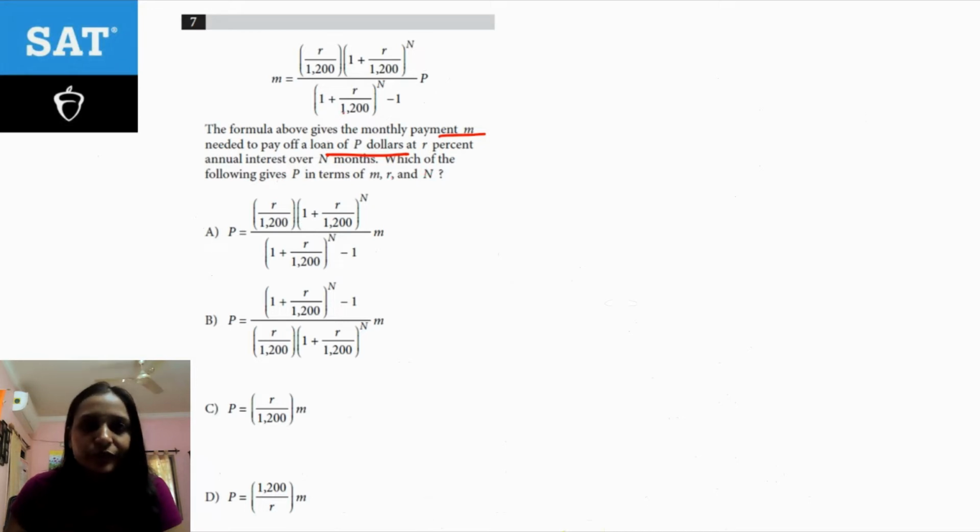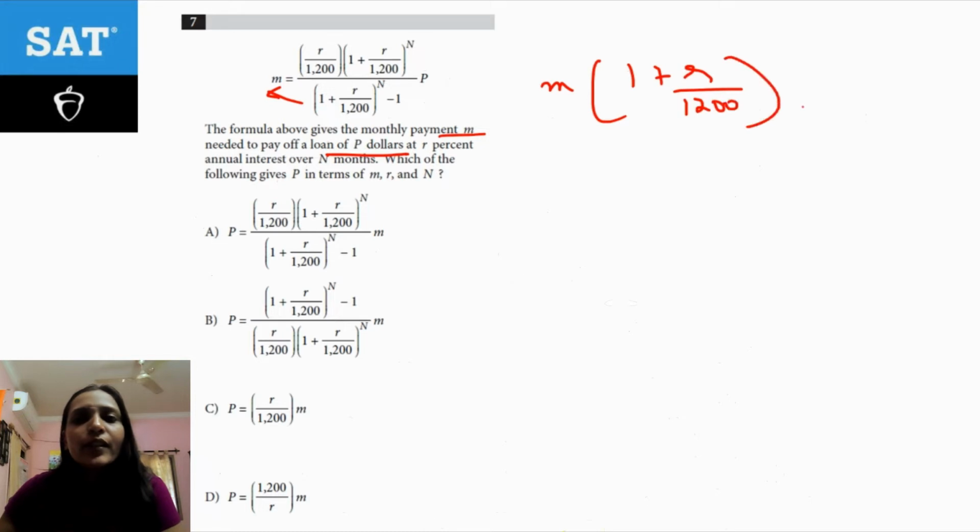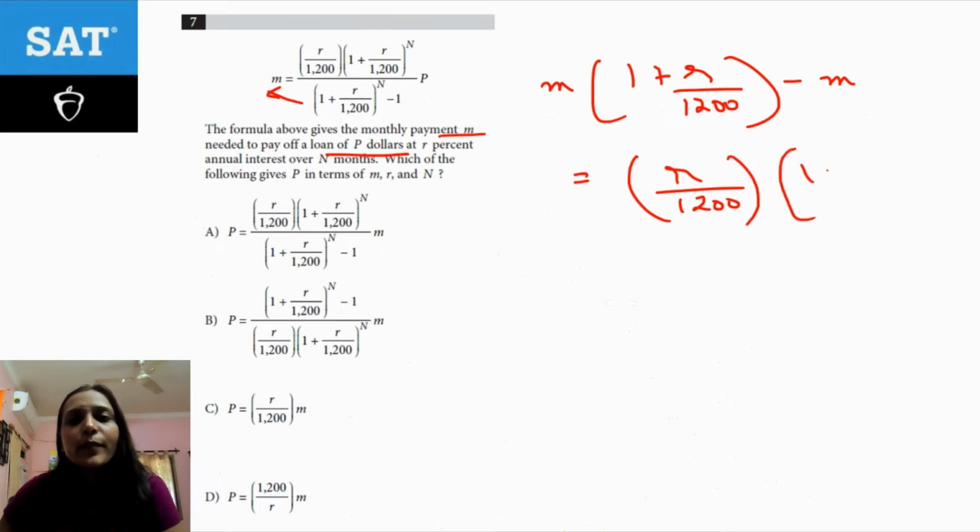So if I were to take this term to the other side, it would be M times (1 plus R by 1200)^N minus M, and that is equal to this whole thing times P. So that would be equal to R by 1200 times (1 plus R by 1200) to the power N times P. So if I divide this entire thing by this expression, that should be my answer.